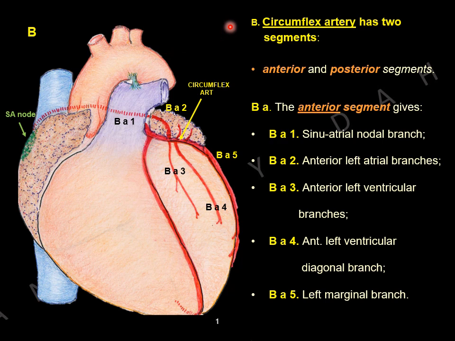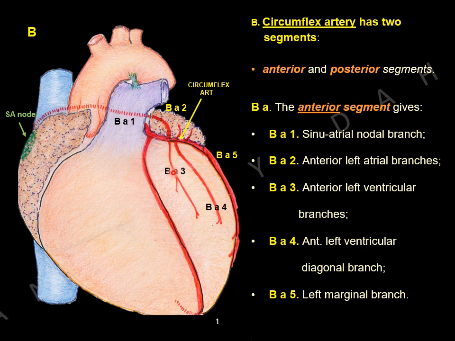The circumflex artery has two segments, anterior and posterior segments. Now we are going to talk about the branches coming from the anterior segment of the circumflex artery. They are, number one, sinoatrial nodal branch. This is the one, sinoatrial nodal branch coming from the circumflex artery.